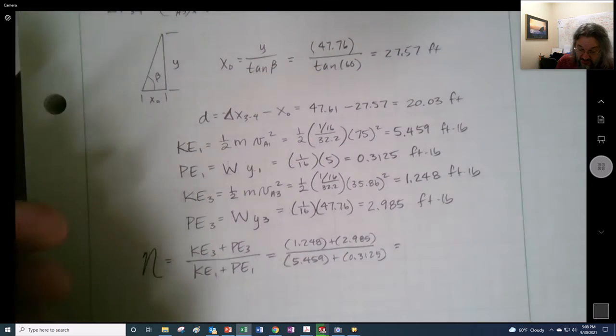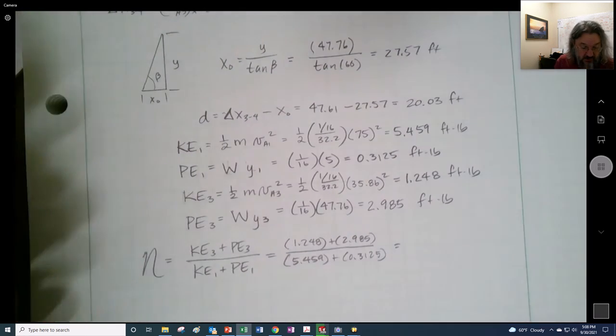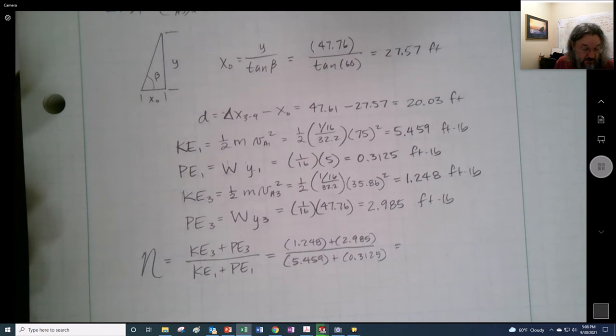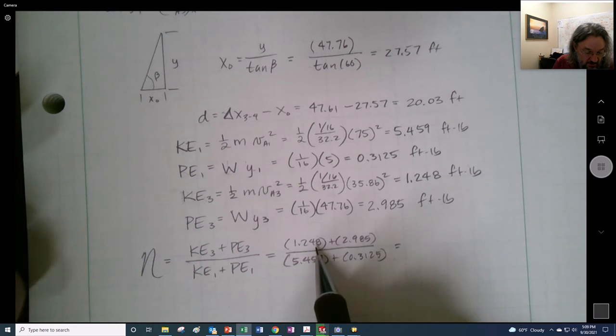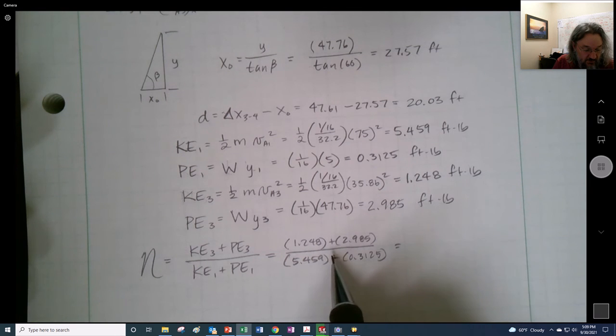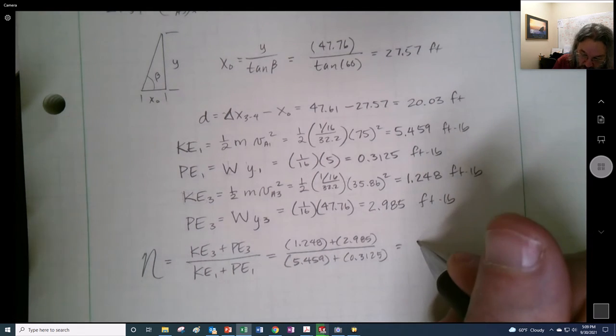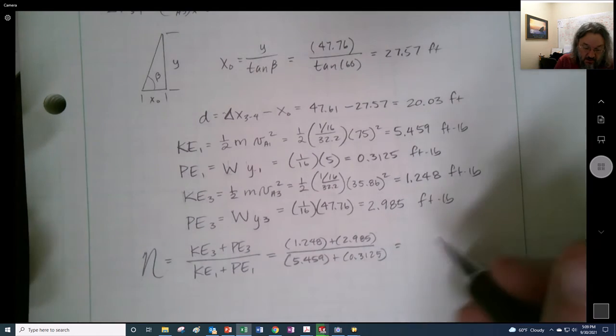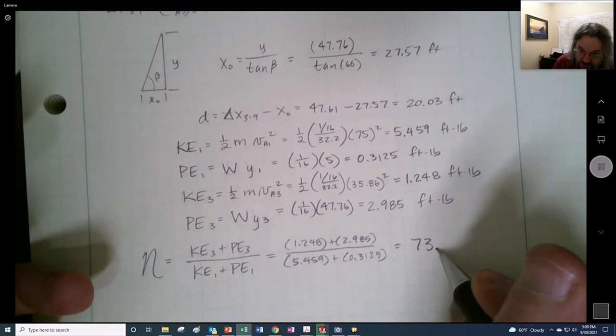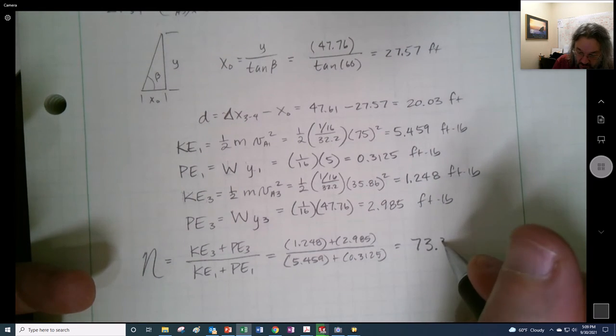Makes me a little nervous. I sure as heck do not want to make energy. That's not a very good thing. All right, so that ends up being 4.233 divided by 5.772, and yay, we did not make energy. That's good.